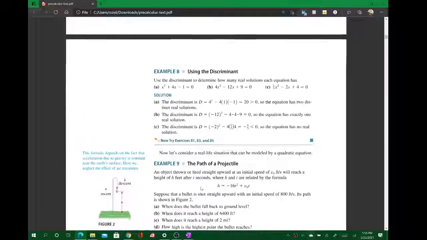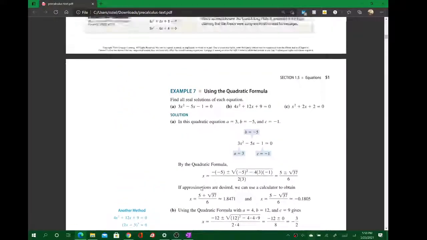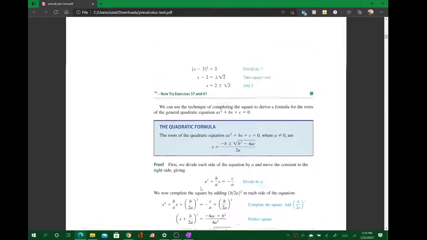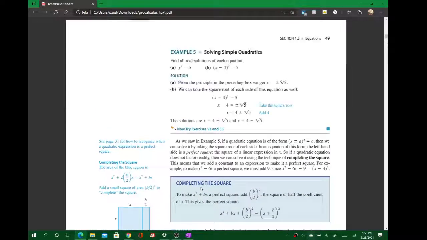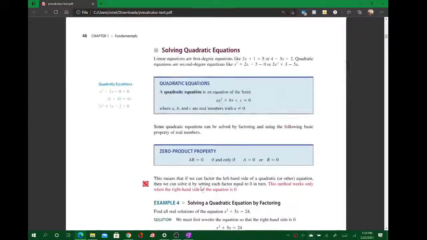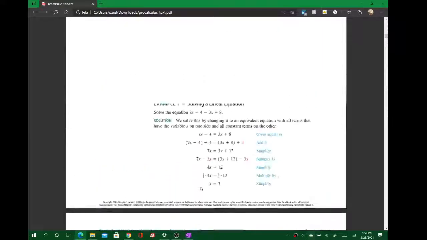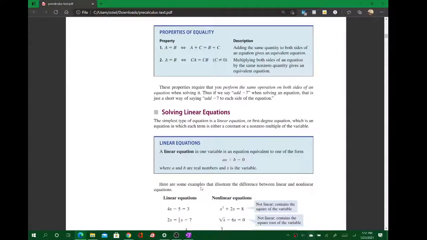The equations that we did in algebra, basically this is everything that we did in algebra. And I tried to go as fast as I could, but also I want to make sure that I explain this very well.